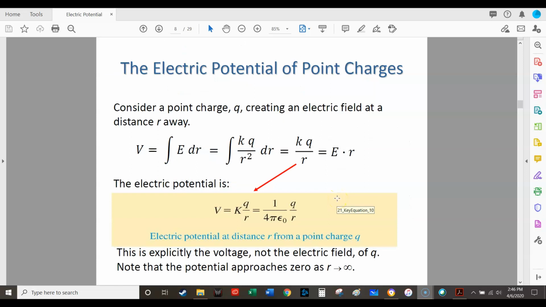Well, suffice it to say, basically, electric potential or voltage is the integral of the electric field in relationship to a distance, okay? So the electric field due to a single point charge is kq over r squared. When we integrate that, you get kq over r, all right?